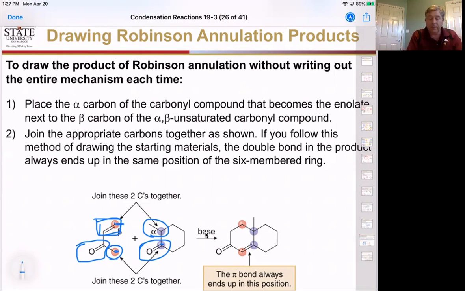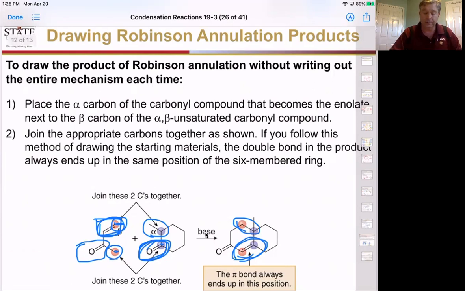So when you do this, your beta carbon gives you your saturated bond. Your initial carbonyl on whatever compound you create your enolate from ends up forming your double bond here. Okay, so your double bond becomes saturated, your carbonyl becomes a double bond. So if you line them up in that way to get that six-membered ring, you'll typically get your correct products.